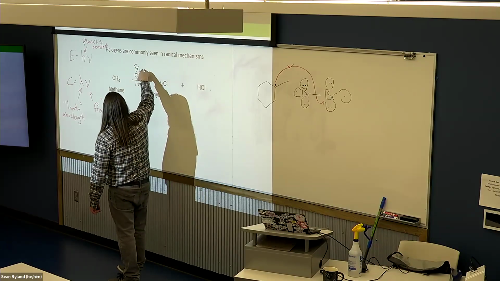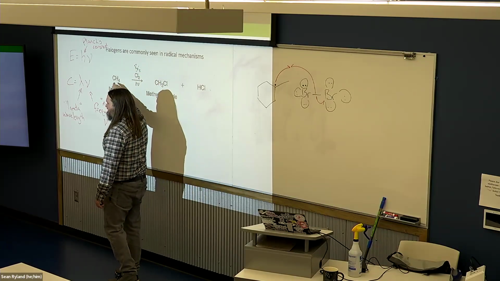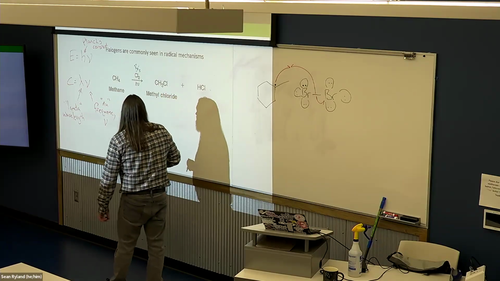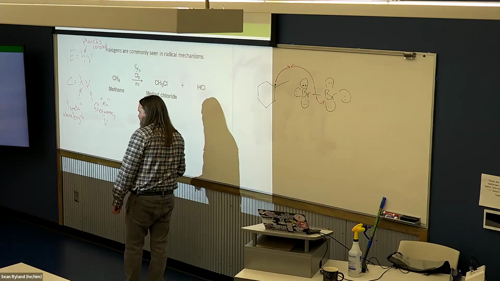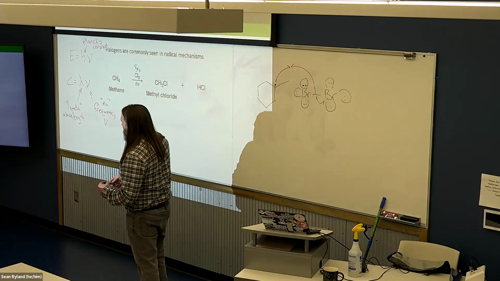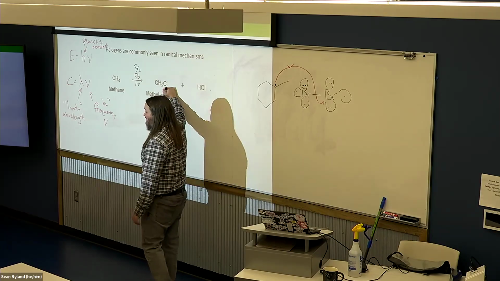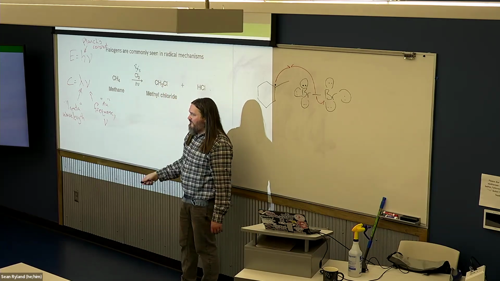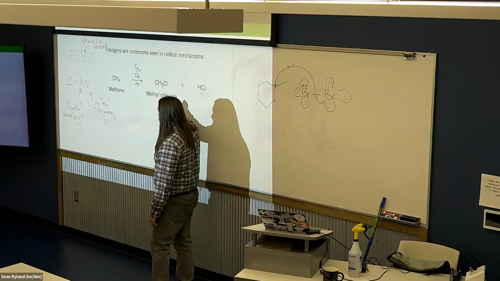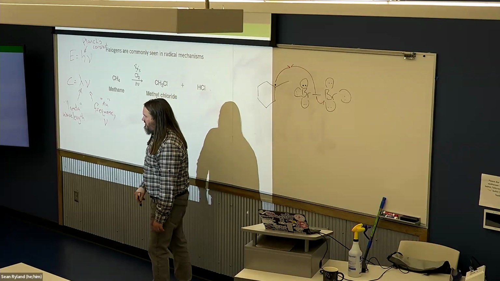But with these two, if you shine light on them in the presence of something with a carbon, it'll pull a hydrogen off and replace it with chlorine or bromine. So this is how we make all of those alkyl halides that we use for all of our elimination and substitution reactions. We make them with this reaction.